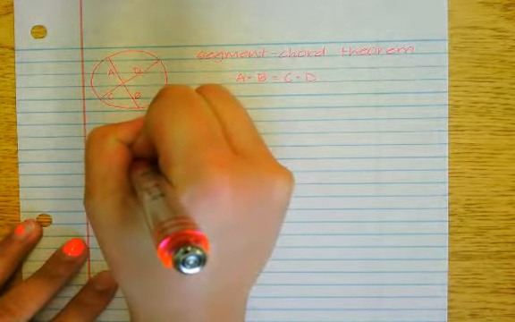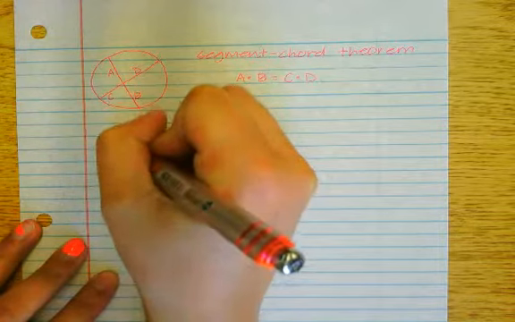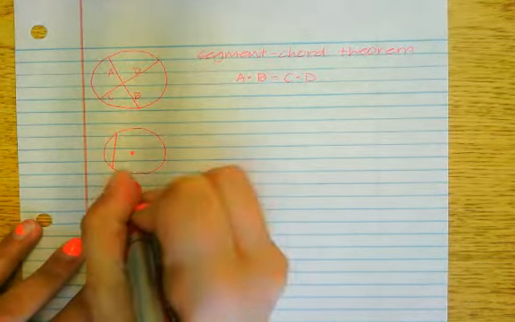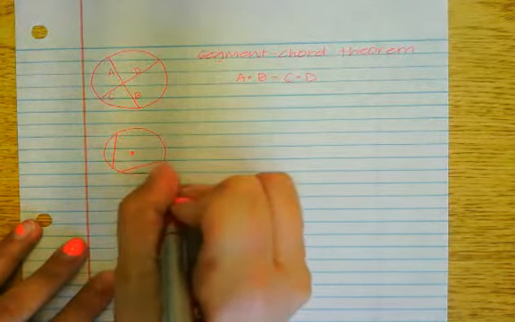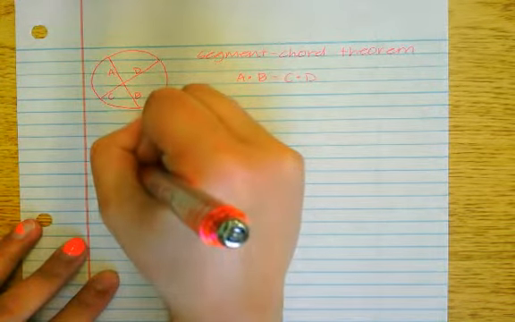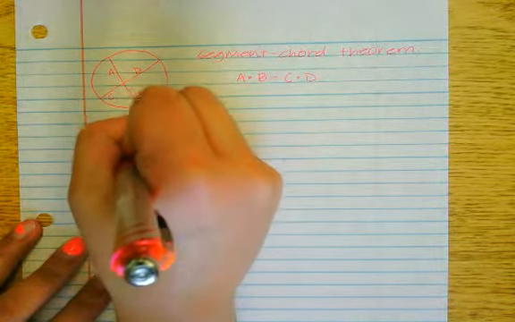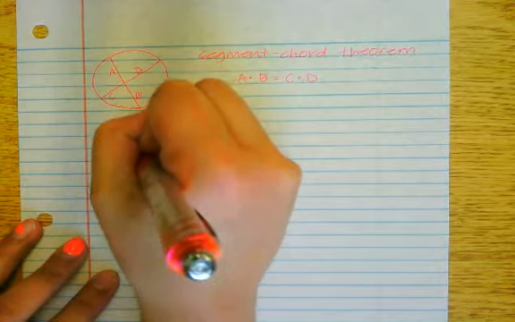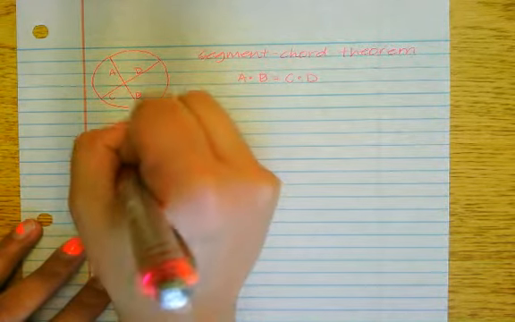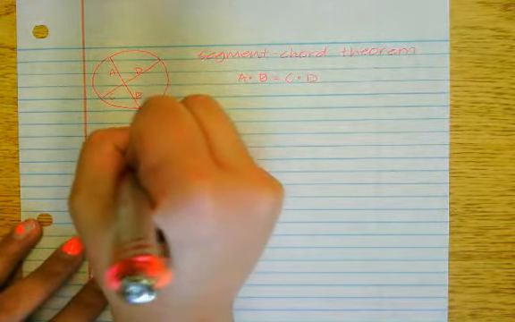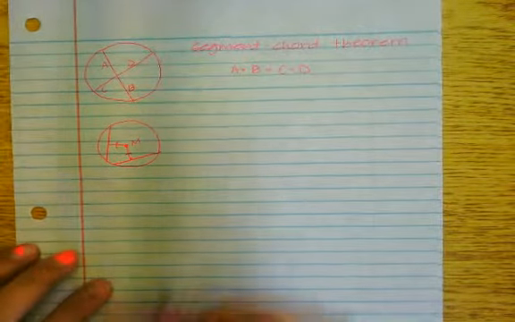Okay, then we have, if these are congruent, then the two chords are congruent.